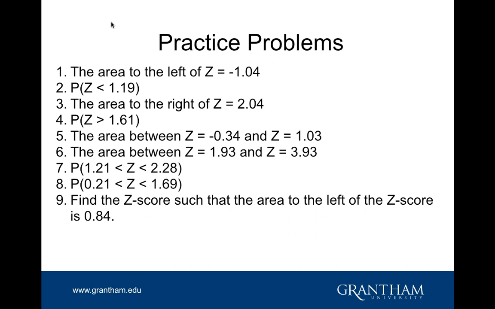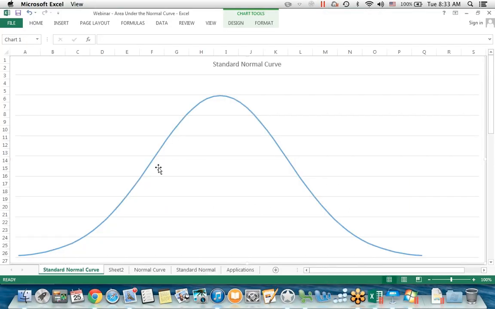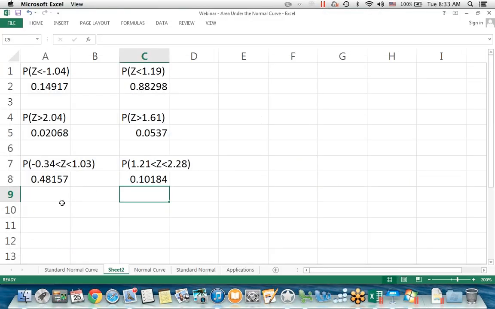So we're going to go back into our Excel and see how to find that. First, I'm going to write out what the probability corresponds to. What does this actually look like?